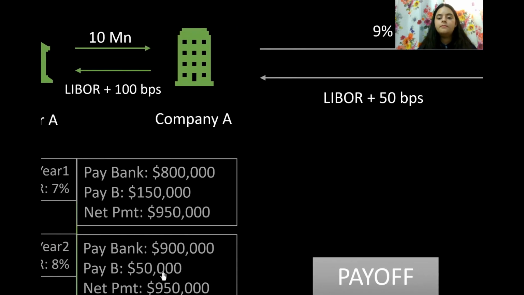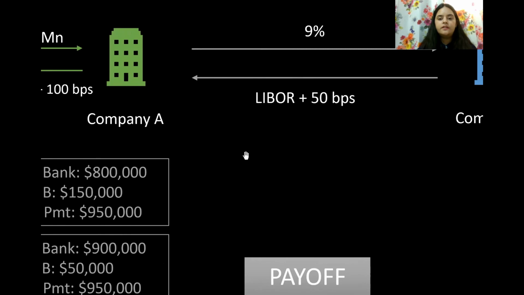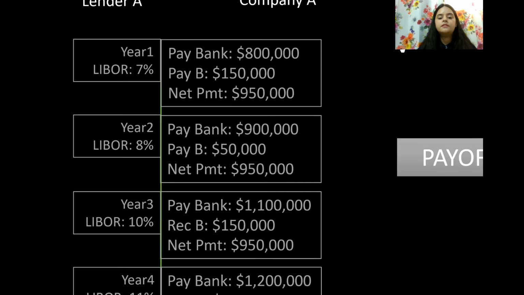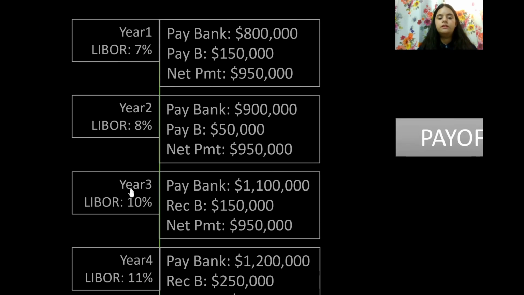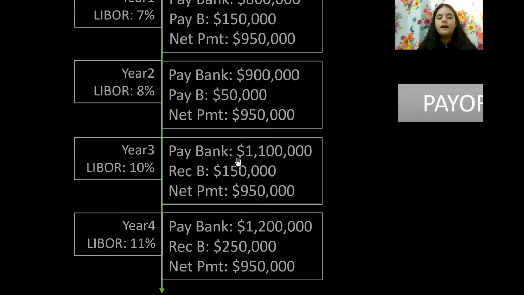And in the swap, 11 plus 50 is 11.5% received and 9% paid. So net 11.5 minus 9, 1.5% is received. So in year three, company A receives from B an amount of $150,000.